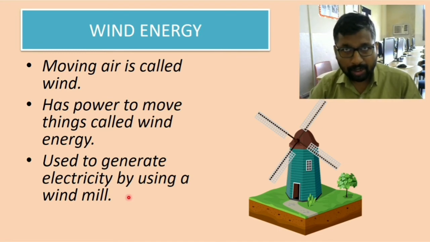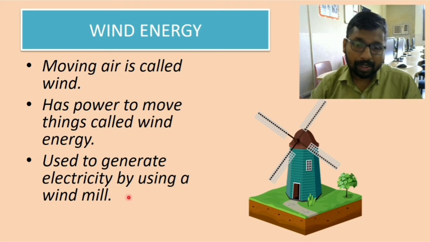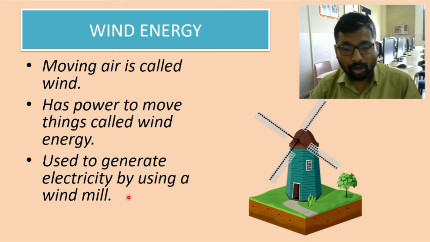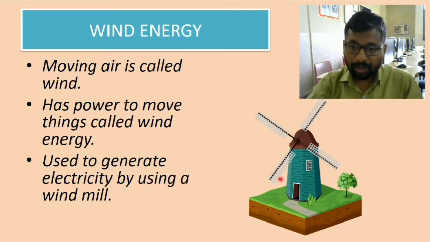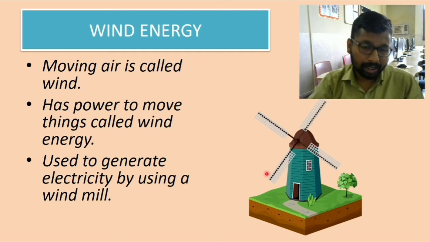In Maharashtra, particularly the Koyna area, there are a lot of windmills. Also in other parts, there might be windmills. These windmills are huge structures whose fans rotate whenever there is wind. When they rotate, they run the turbine, and the turbine is connected to the generators. So this is how we can generate electricity.